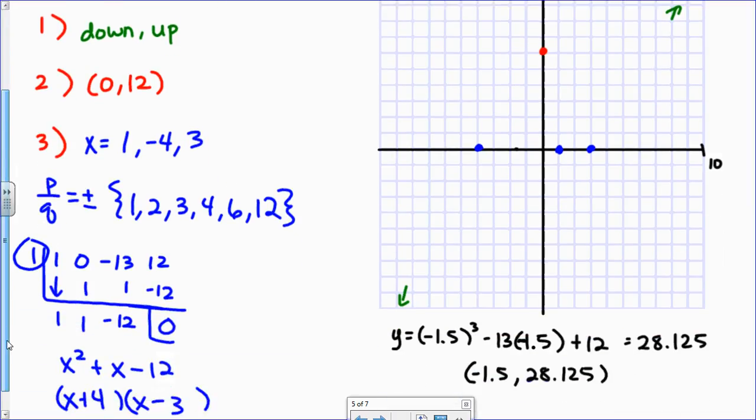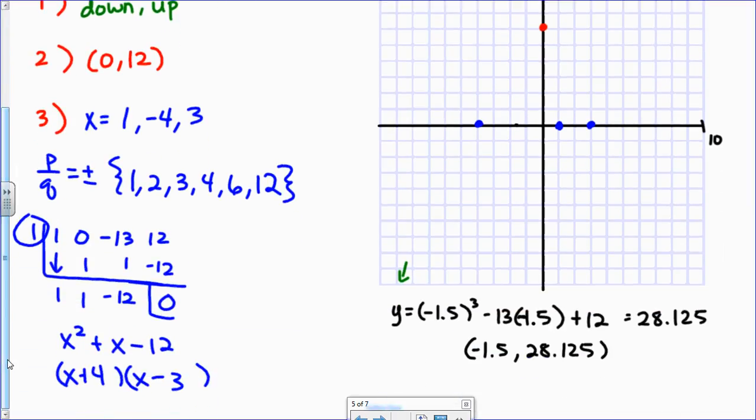Okay, and then what's halfway between 1 and 3? 2. So is it negative 6?